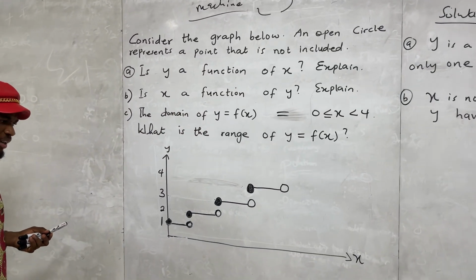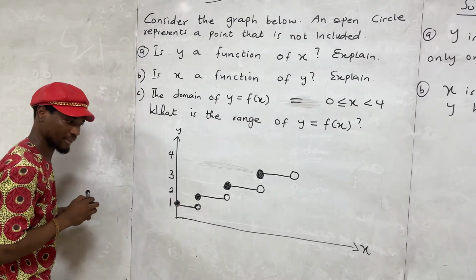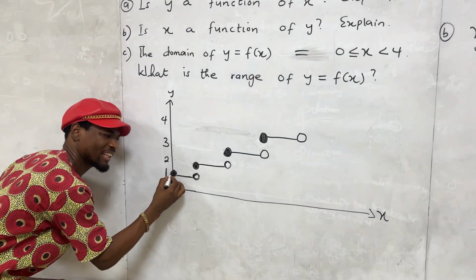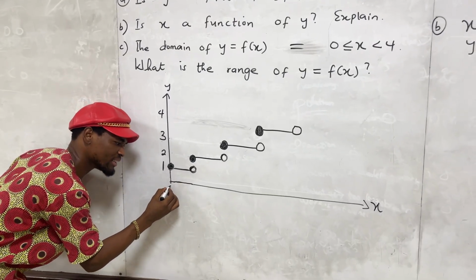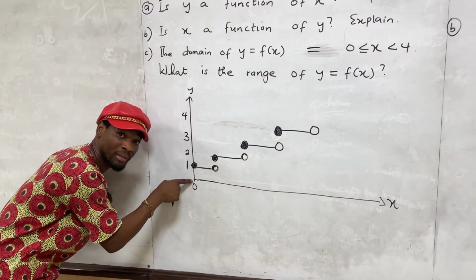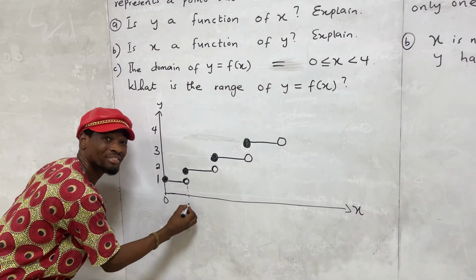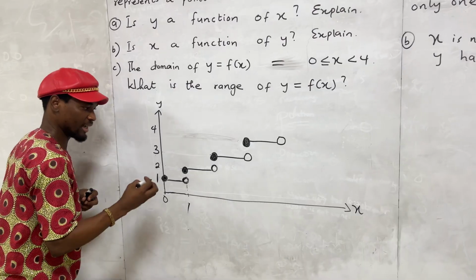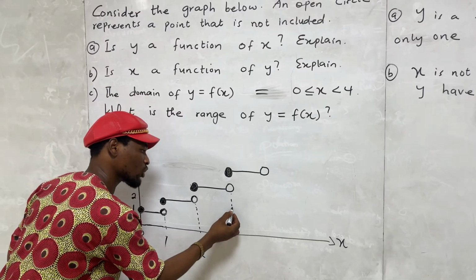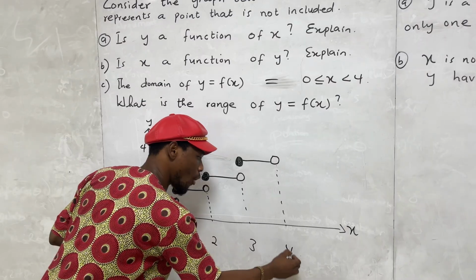Viewers, let's consider something over here. Now, when I pick this same graph, you realize that at this point, this corresponds to 0, starting from the origin. This one will correspond to a value of, say, 1, this one 2, this one 3, and this one 4.